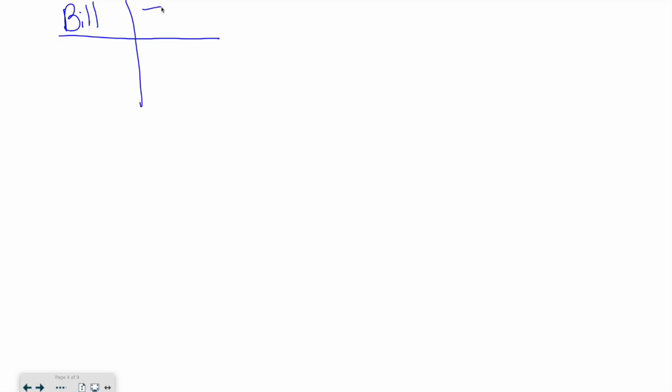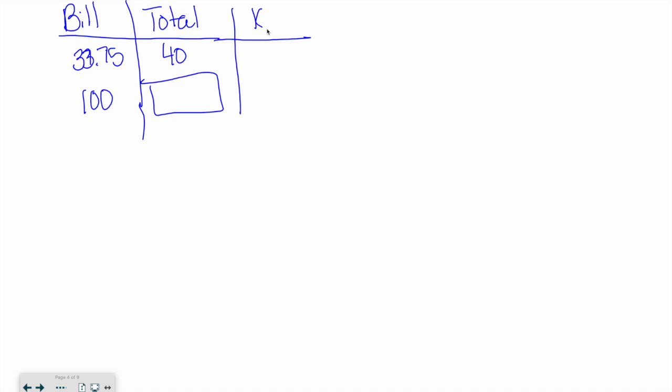We talked about different ways of doing this problem, and we could have also done the bill and the total amount. And the bill is still $33.75. The 40 is the total. If we found our constant of proportionality, 40 divided by 33.75, we'd end up with 1.185, and we would multiply 100 by 1.185 and get 118.5.